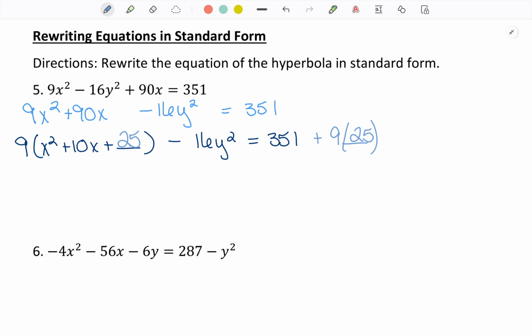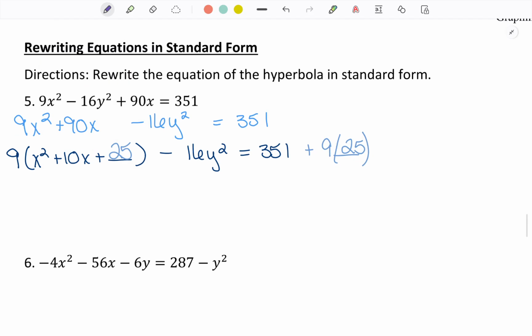And so that gives us 9 times (x plus 5) squared minus 16y squared, and that equals 351 plus 9 times 25. 9 times 25 is 225. And that is 576. So we are going to have to divide everything by 576.